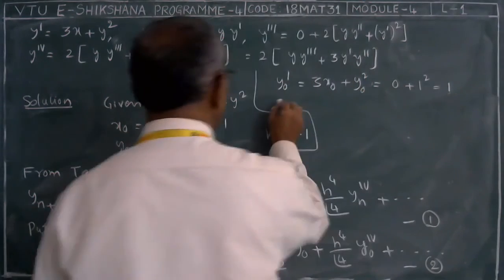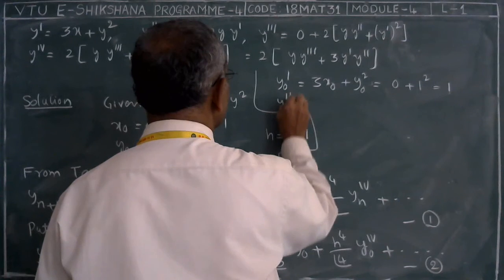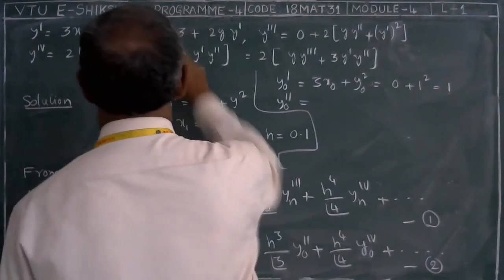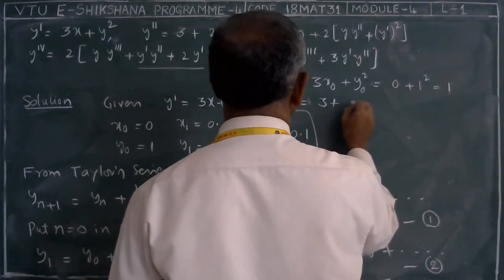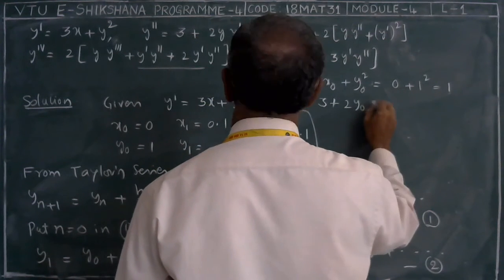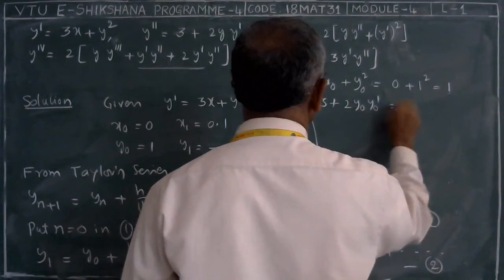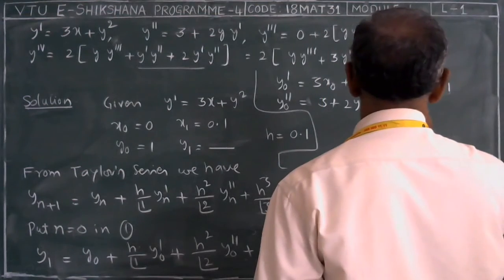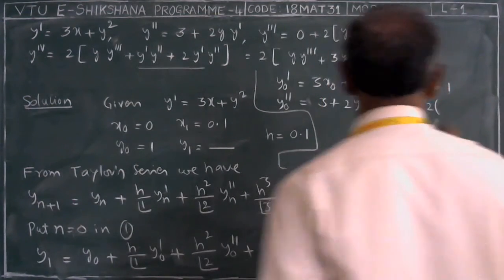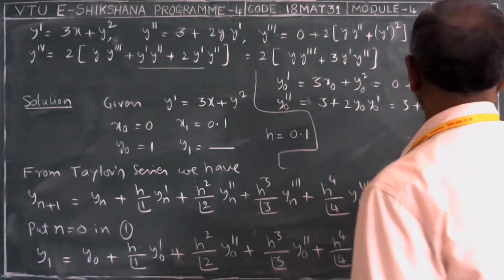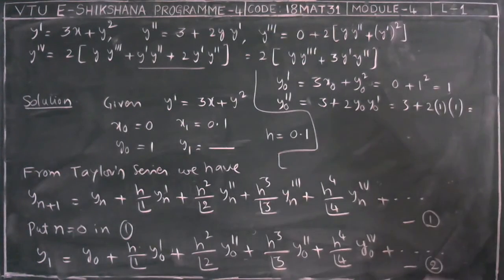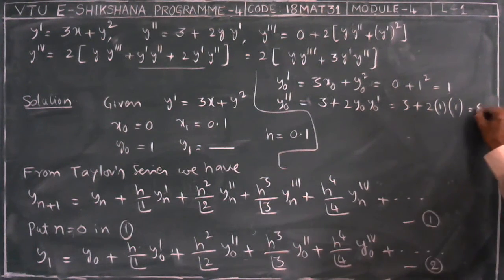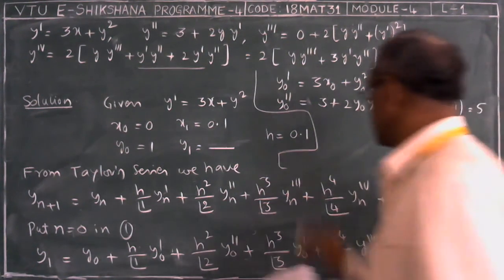y naught double dash is 3 plus 2 into y naught into y naught dash. So this is 3 plus 2, where y naught is 1 and y naught dash is also 1, so this is 3 plus 2 equal to 5.